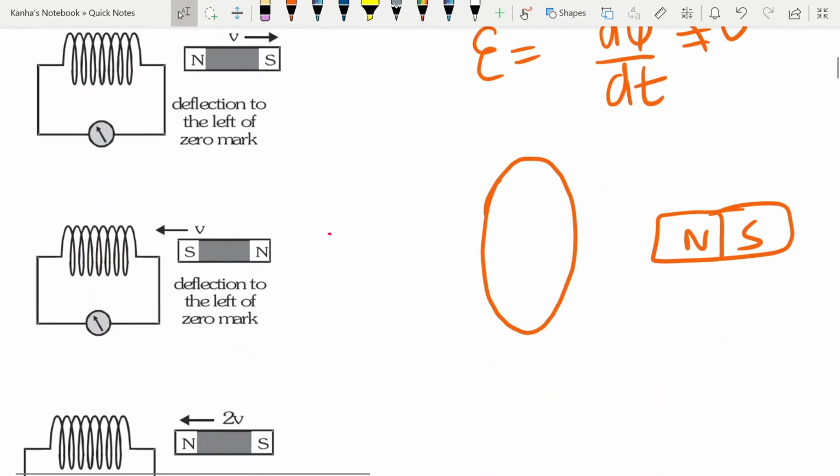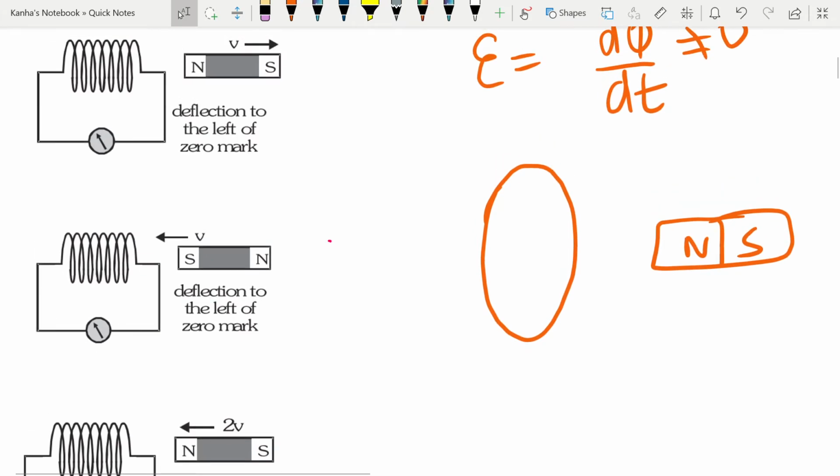If the number of field lines passing through the loop is increasing, from the right hand thumb rule we know that if I have a current in this direction, I can place my thumb in the direction of the current and curl my fingers. That will tell me the direction of the lines of magnetic force due to this circuit.